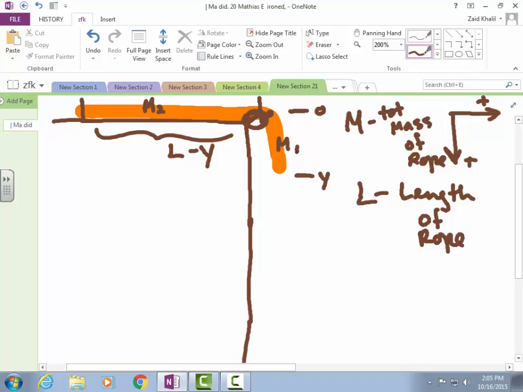How can I find M1 and M2? Let's see if you guys can talk about it for a second. I want you to find it in terms of things that we know, like the total mass and the length of the rope, and this parameter y.